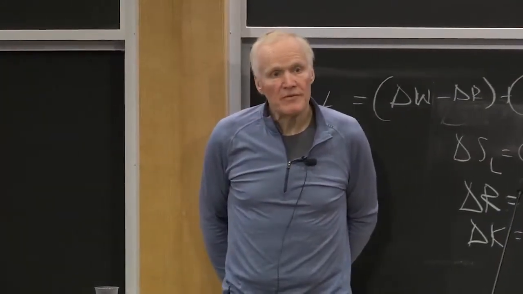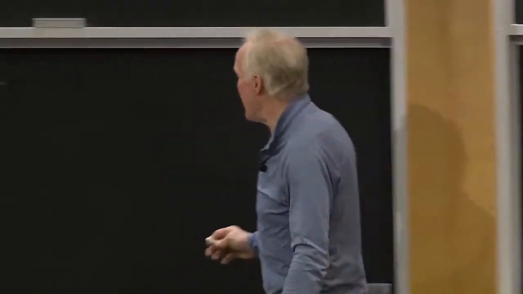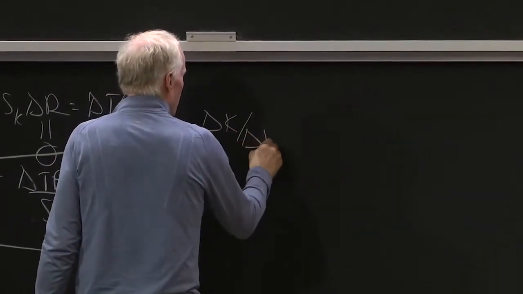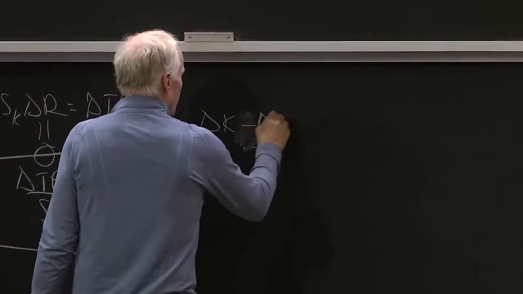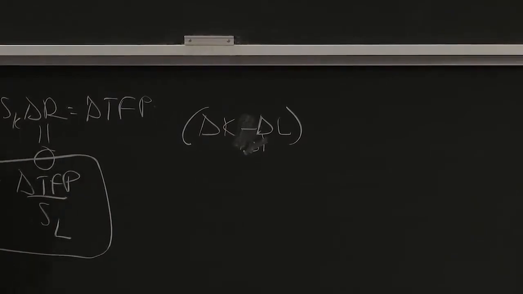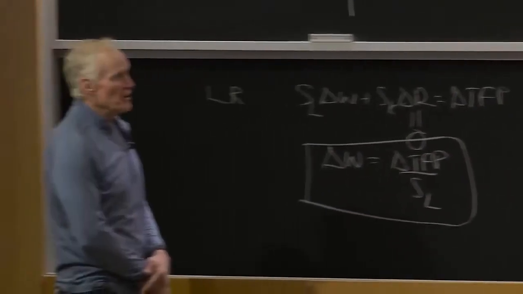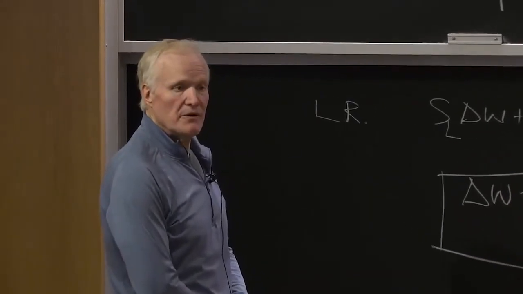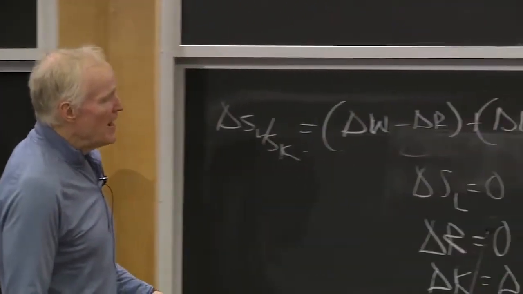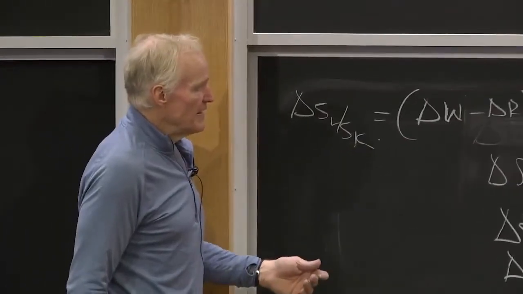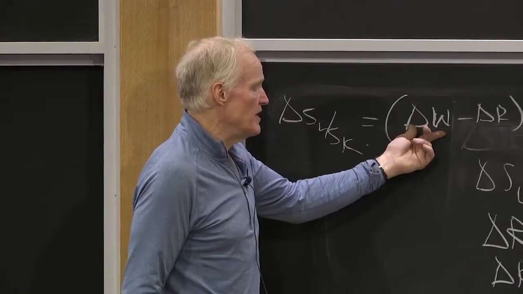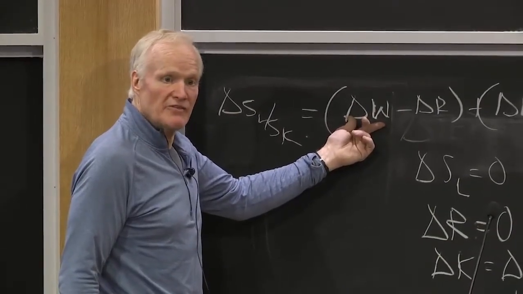What else is going to have to be true? What's going to happen to delta K over L? In order to get delta R equal to 0, what are we going to need to do? Well, we're going to have K go up enough to basically get a delta R equal to 0 when delta W is equal to delta TFP divided by SL.